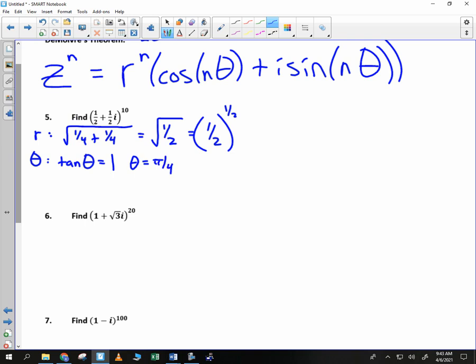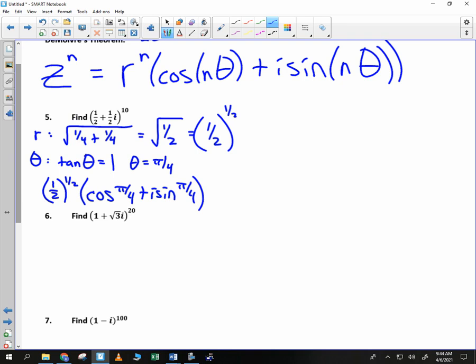You've done great work so far. Way to go. So here's what we've said so far. We've said we have r, which is 1/2 raised to the 1/2 power, times the cosine of pi over 4 plus i sine of pi over 4. So we turn that into that.